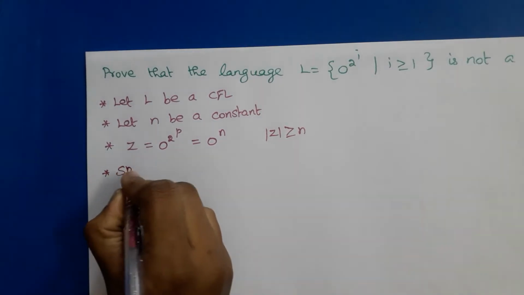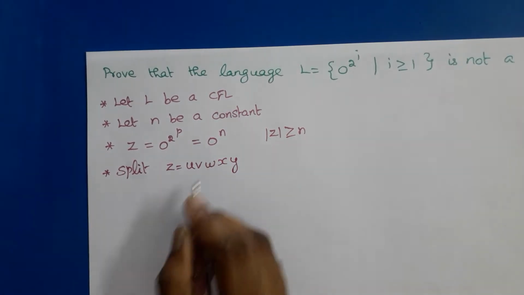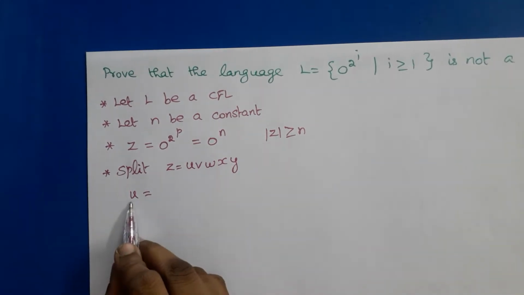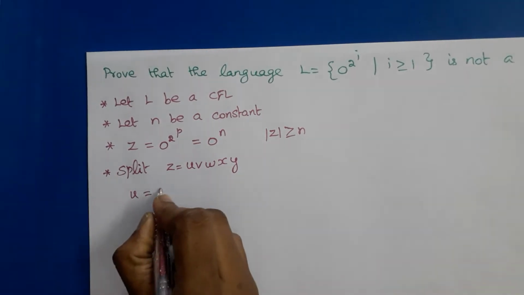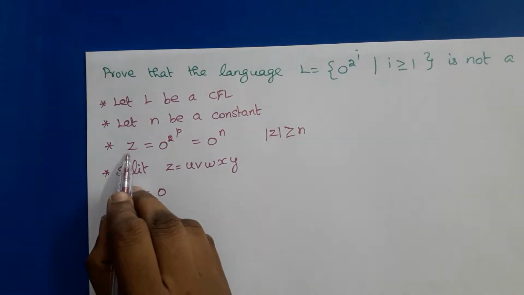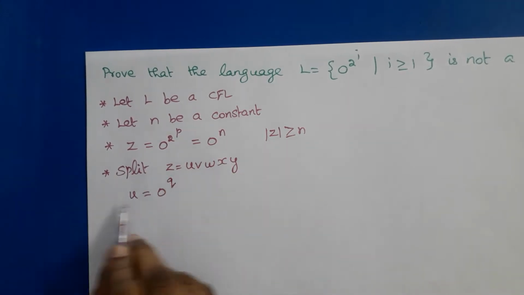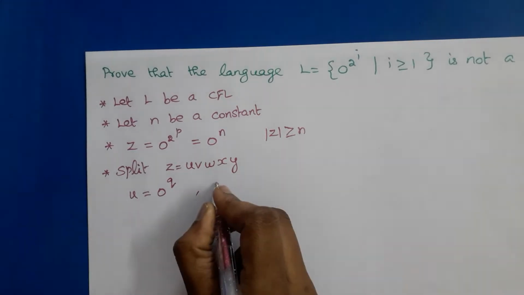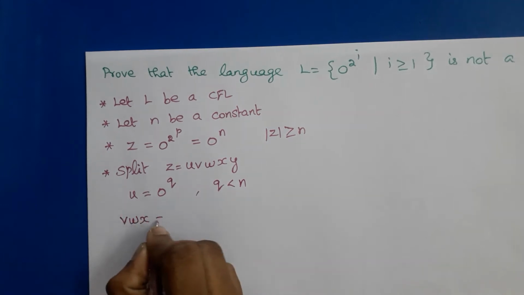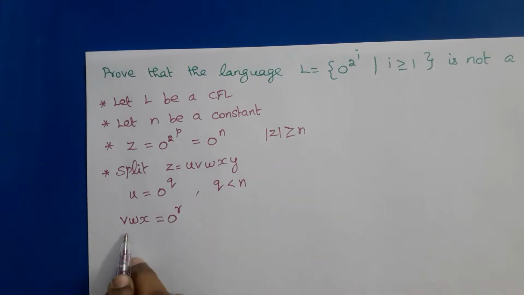Now split Z in the form of U, V, W, X, Y, so we need to assign values for U, V, W, X and Y. Z has 0 to the power N, so N number of zeros are assigned to Z. Out of N zeros, some Q number of zeros are assigned to U, so definitely Q must be less than N. And VWX is 0 to the power R, some R number of zeros is assigned to VWX.